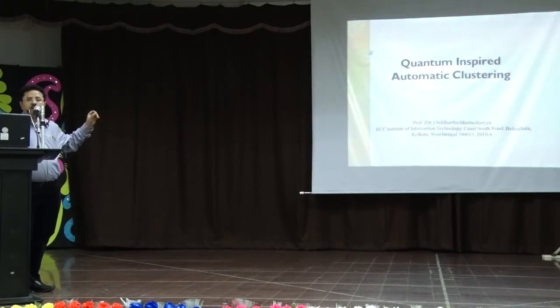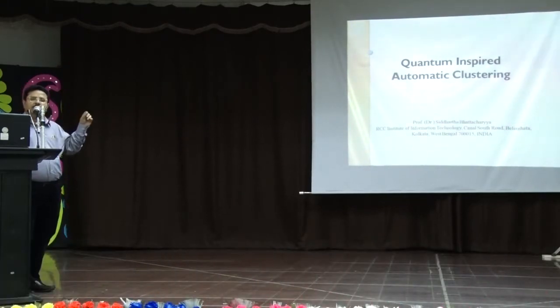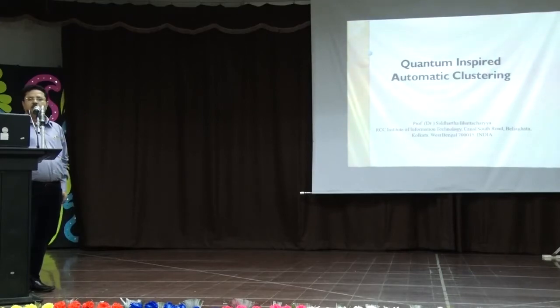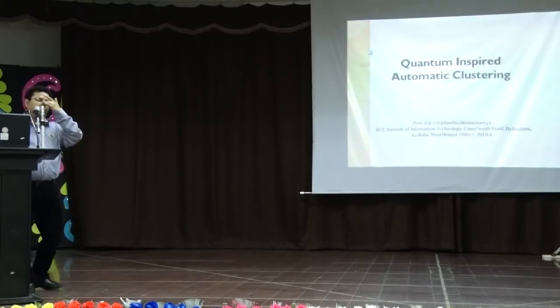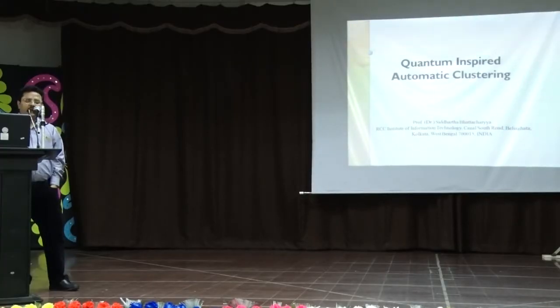This is all about automatic clustering. The objective is to enhance the performance of this clustering procedure by taking the help of quantum computing, a very recent topic which has come into existence, quantum computers. So we touch a little bit of everything as we move on.